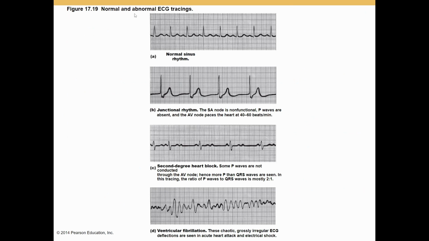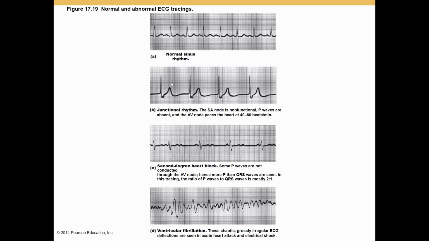Now, a normal ECG tracing is like what we see here at A, but there's some modified or abnormal tracings, like a junctional rhythm or second-degree heart block or ventricular fibrillation. A junctional rhythm is when the SA node is non-functional. You really only see a QRS complex and a T wave. So the SA node depolarization is completely absent.